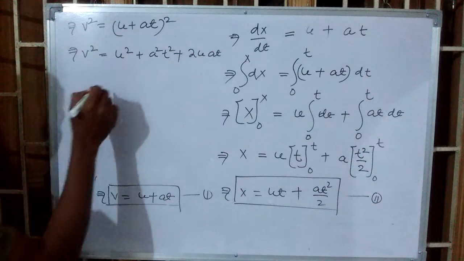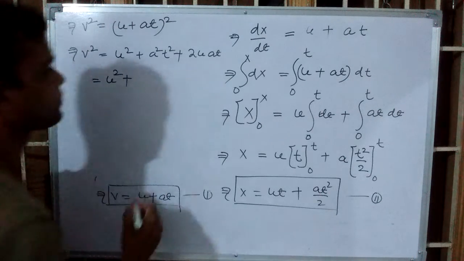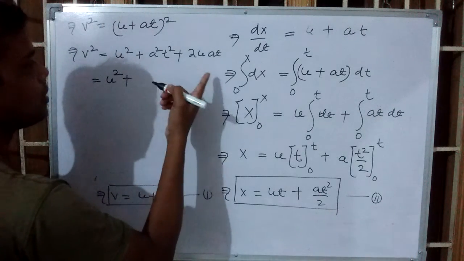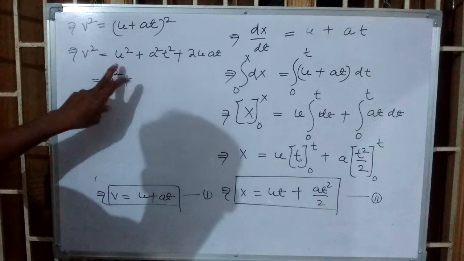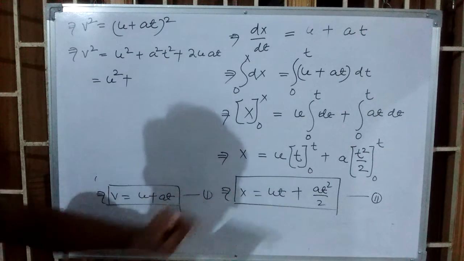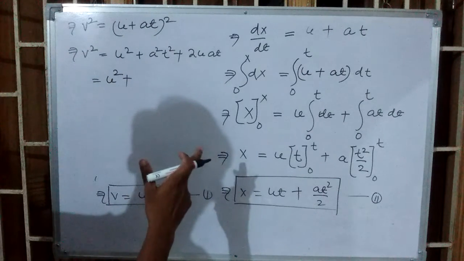Okay, this is equal to u square plus, ut plus half at square.